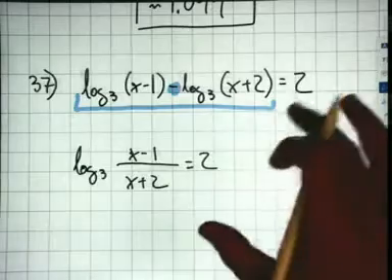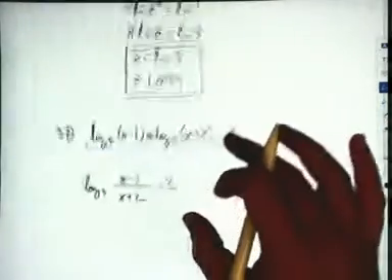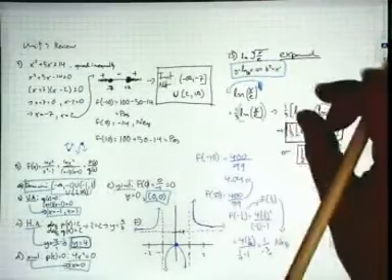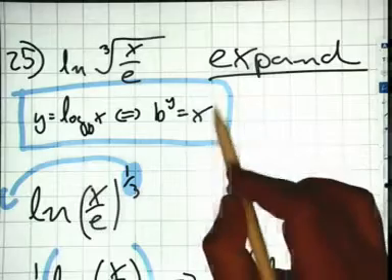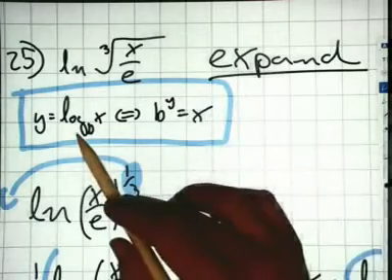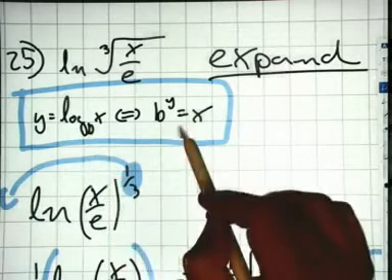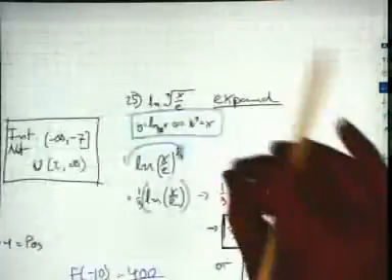Now at this point, we have a logarithmic equation. And so I'm going to go back to this relationship that we perhaps wrote at the top of our paper. How do we relate a logarithm to an exponent?